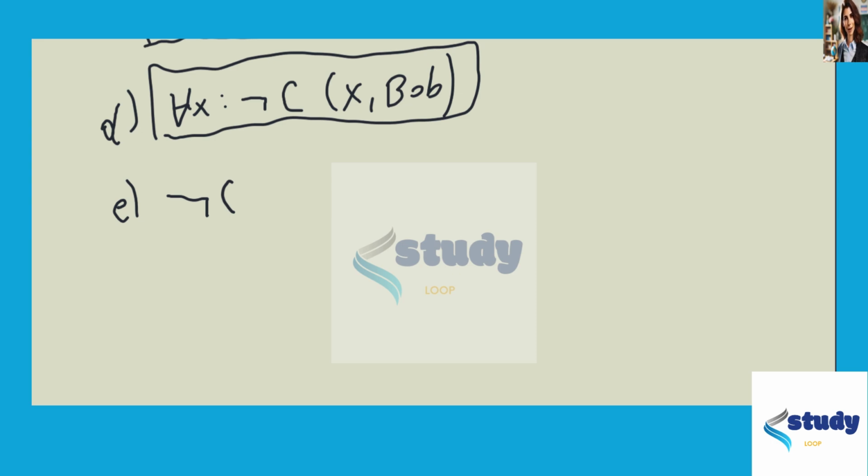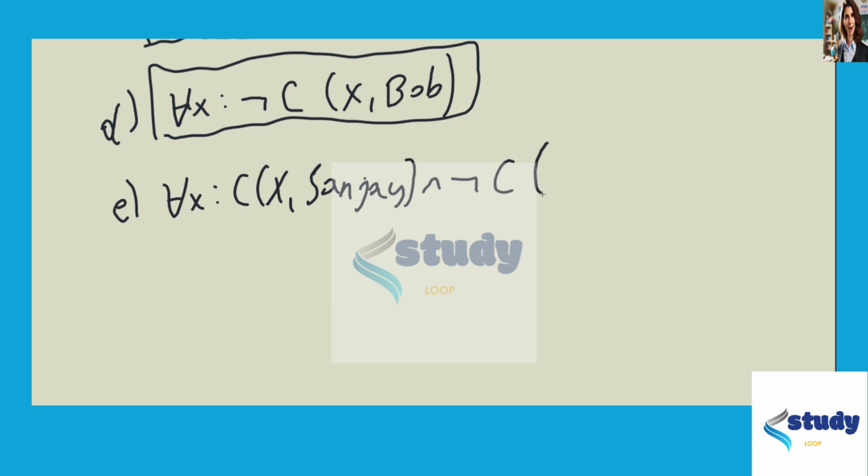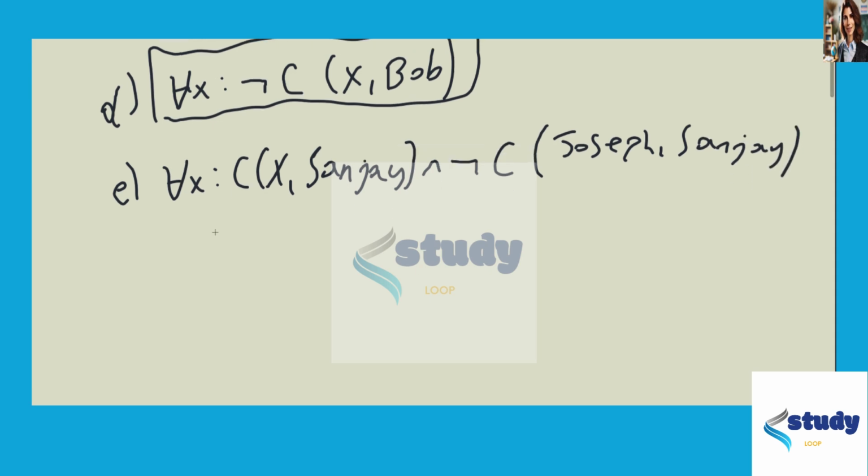Combining those two statements, we have for all x such that C of x and Sanjay, and then we do the and, upside down V there, then the negation of C of Joseph and Sanjay. All right, here's part E.